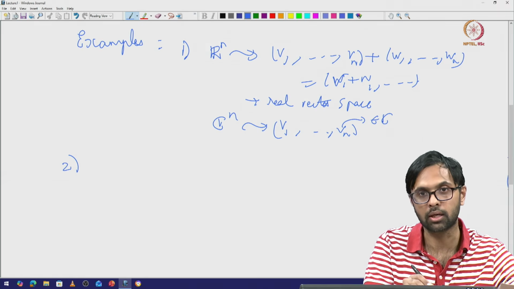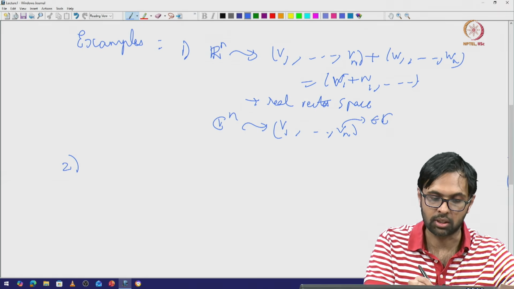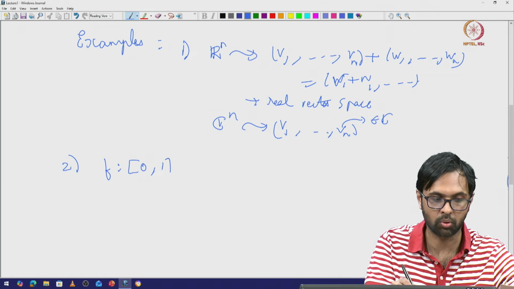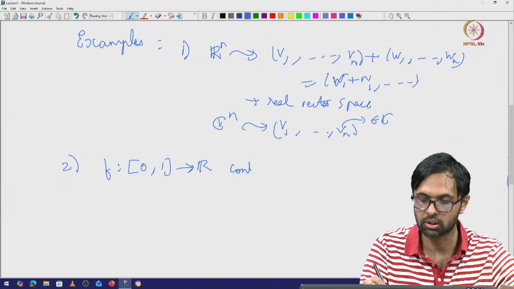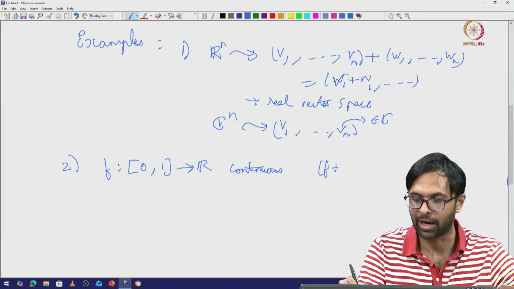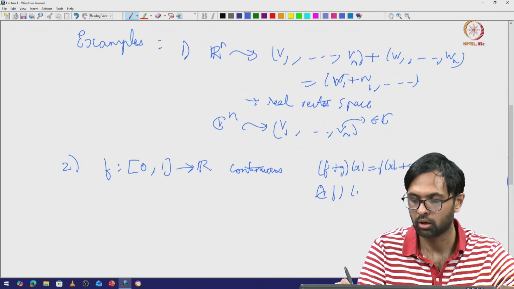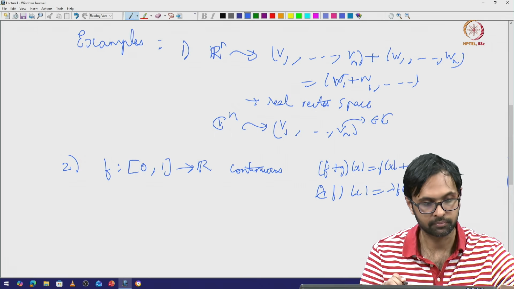Here's a more sophisticated example. If you take continuous functions from [0, 1] to R, and you add them in the usual way, and you multiply by scalars, by real numbers in the usual way, these things form a vector space as well.